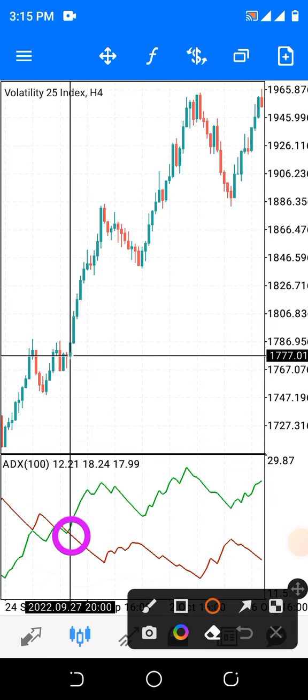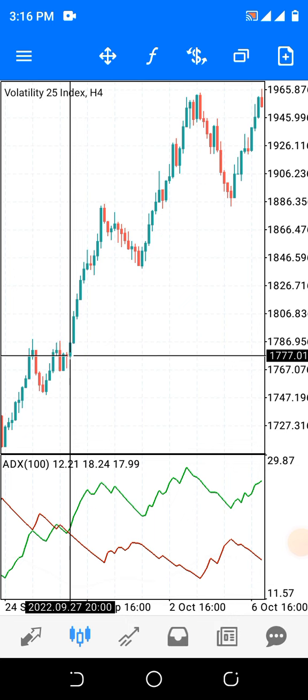So this is the point where the crossing occurs. Here is where I want you to make your buy entry, and this is profit for you. So let's proceed.